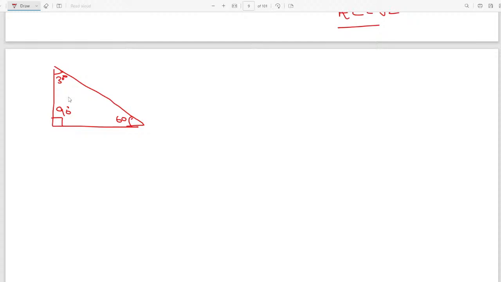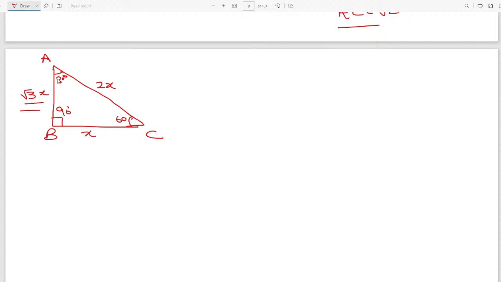In the 60, 90, and 30 triangle, if the side opposite the 30 degree is x, then the side opposite the 60 degree would be root 3 x, and the hypotenuse is 2x. So even here, if the sides are A, B, C, take it as BC here.